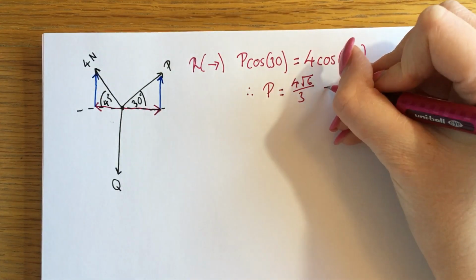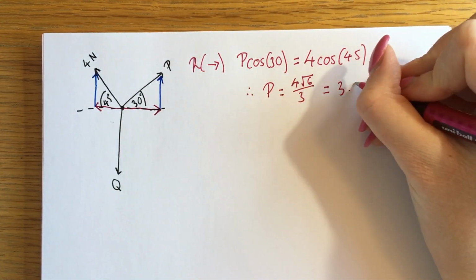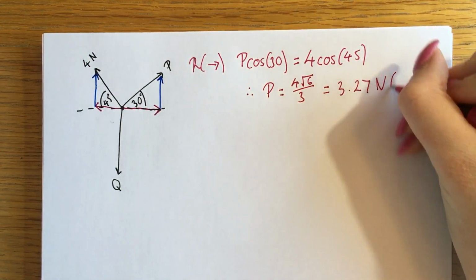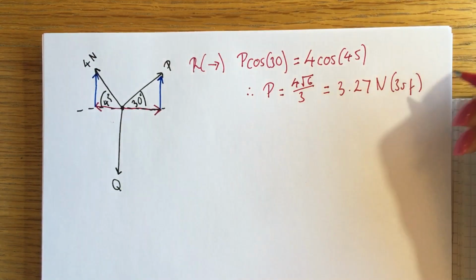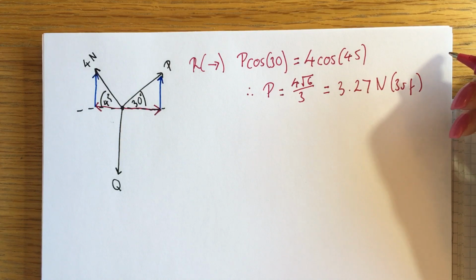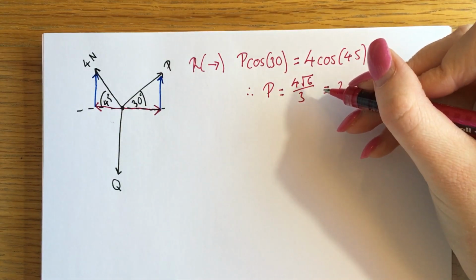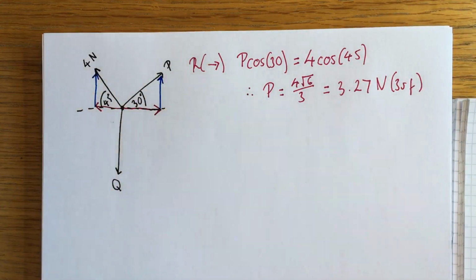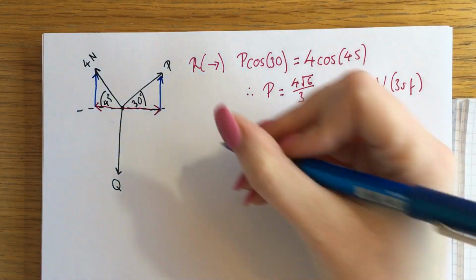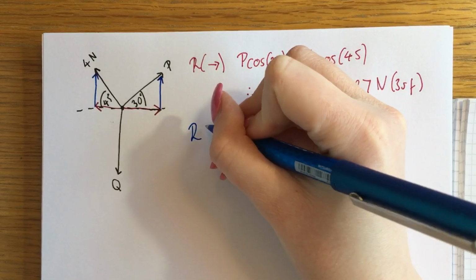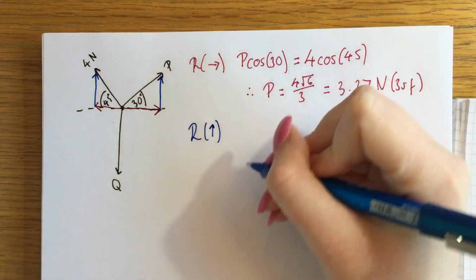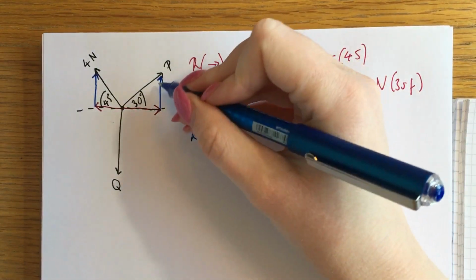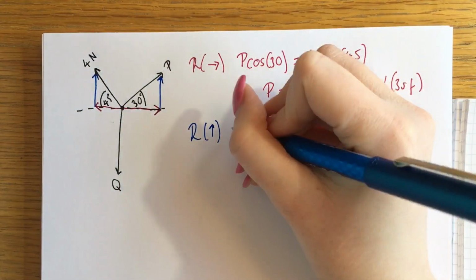I'm writing down my exact answer because I'm definitely going to need to use my answer for P in my working out for Q. If I have an exact answer, it's going to be more accurate when I work out Q. So now I'm going to resolve vertically. I've got my two vertical forces acting upwards.